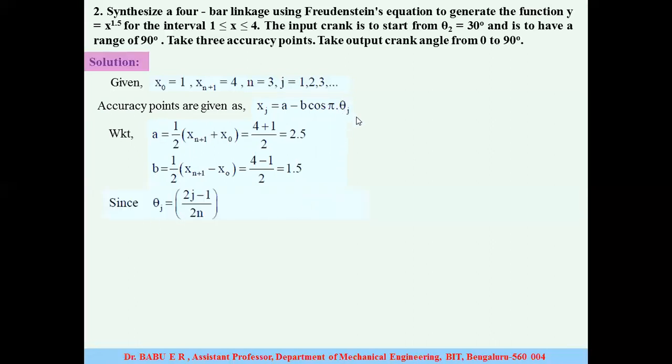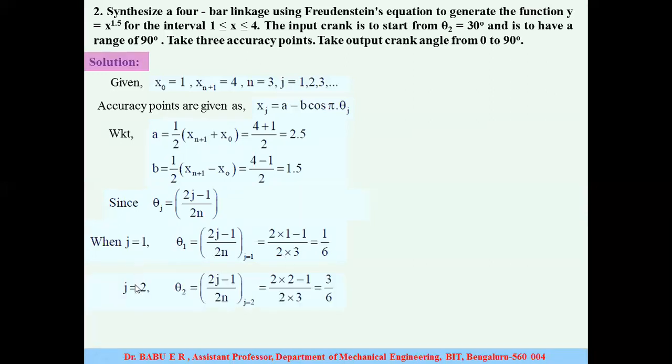Also, the value of theta j. Theta j equals 2j minus 1 by 2n, where j varies from 1 to 3. Now let us substitute j equals 1. Theta 1 equals 2j minus 1 by 2n, which is 2 into 1 minus 1 divided by 2 into 3, which equals 1 by 6.